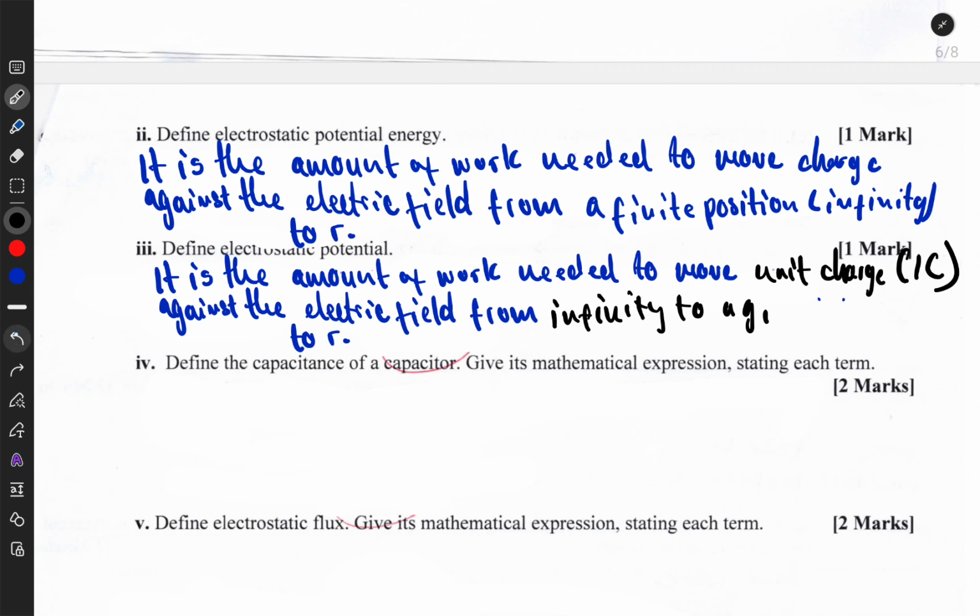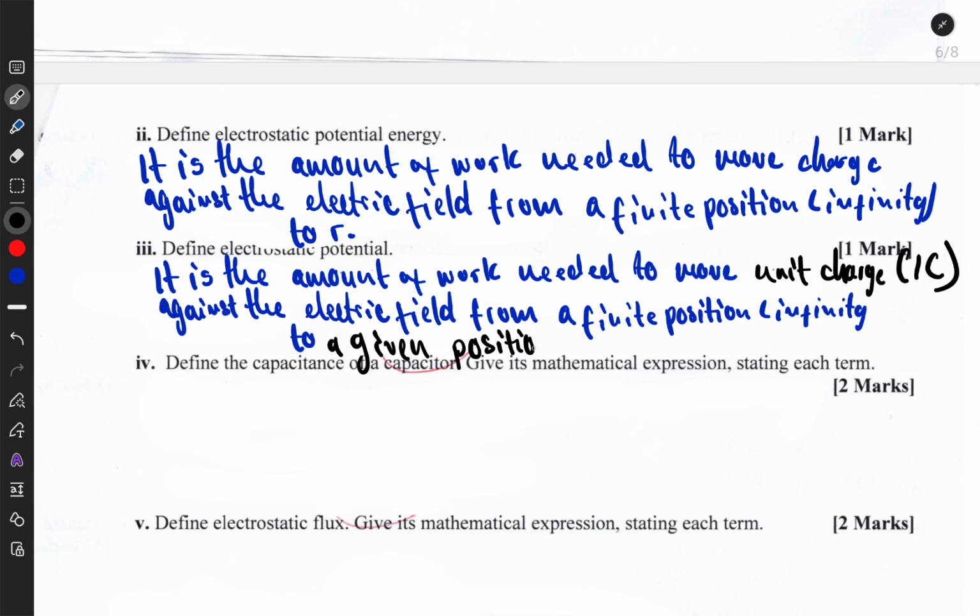So from a finite position or infinity to R, a given position in an electric field. Same. It's so simple. Work needed to move charge against the electric field from infinity to a position. Here it is work done to move unit charge from infinity to a position in an electric field.